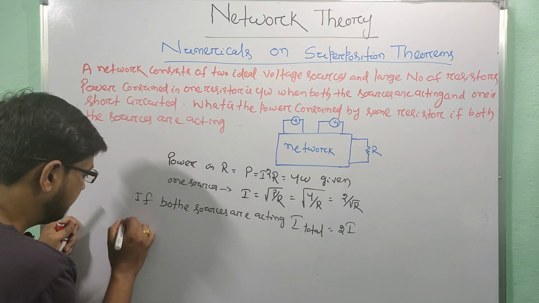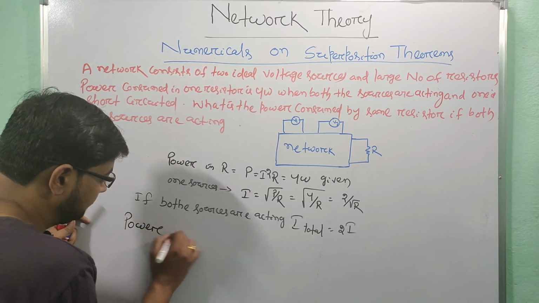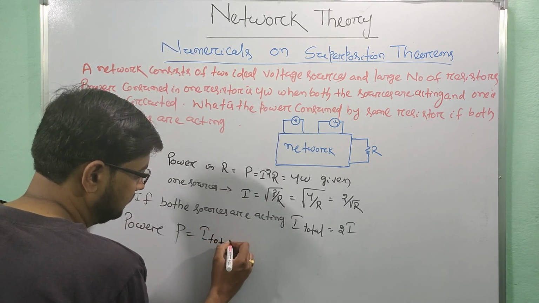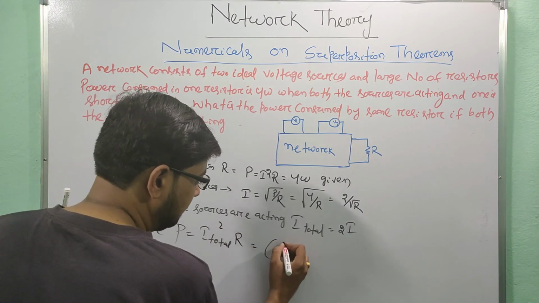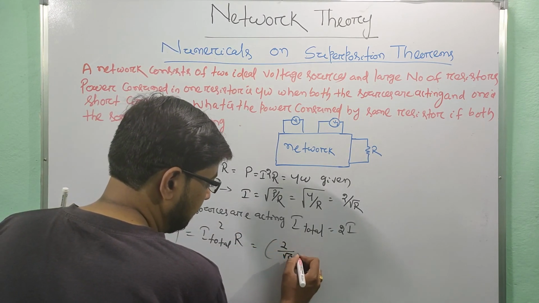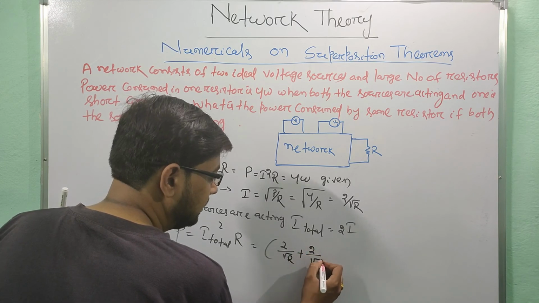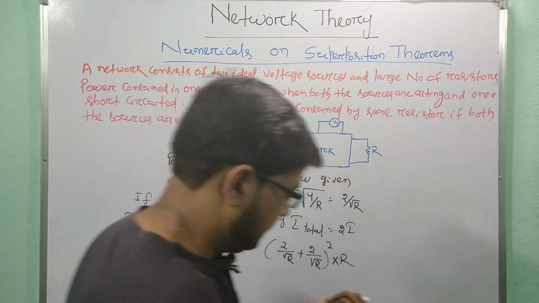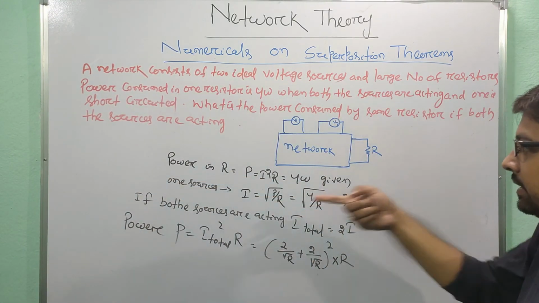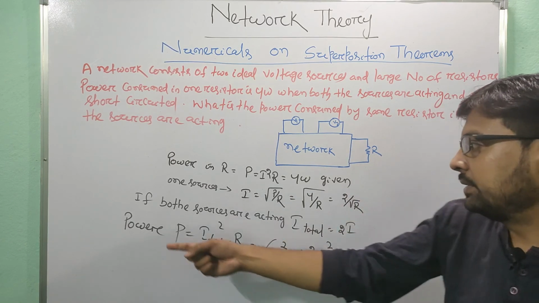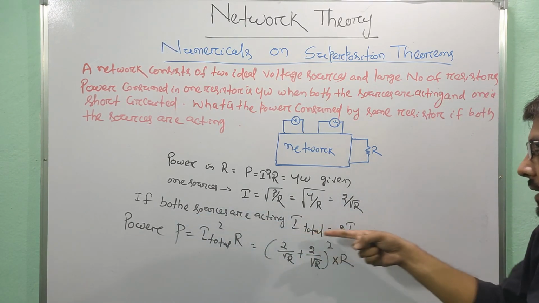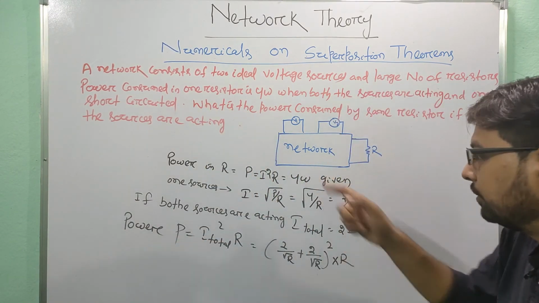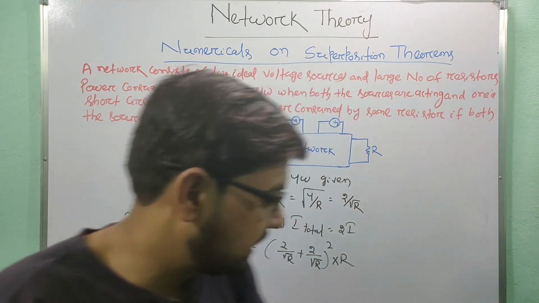Now what is power? The power is P is equal to I total square R, that is equal to 2 by root R plus 2 by root R, the square, into R. Okay, so if one source is acting, the current is 2 by root R. If both the sources are acting, then my I total is equal to 2I. So if one source is acting, then power is 4 watt. Then if both the sources are acting, what is my power?